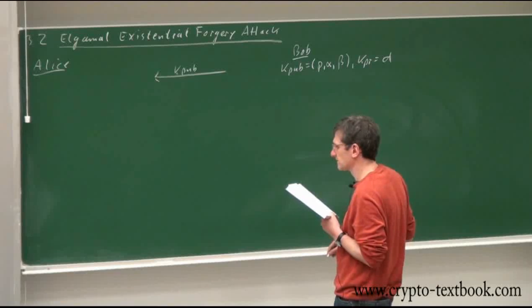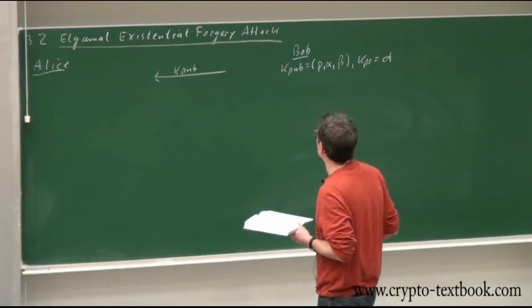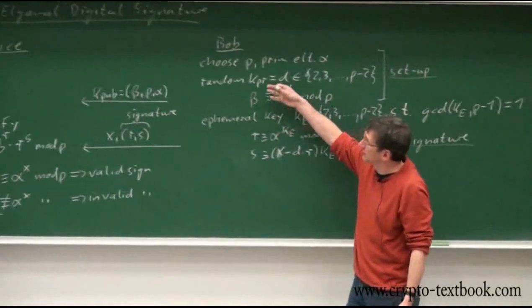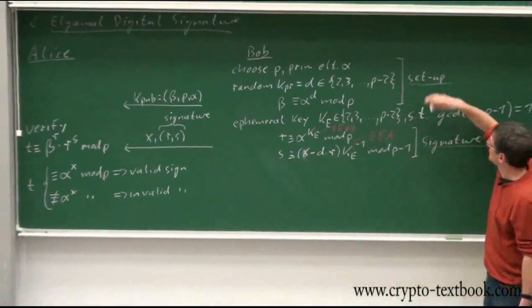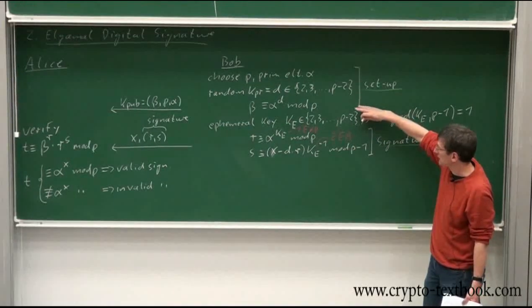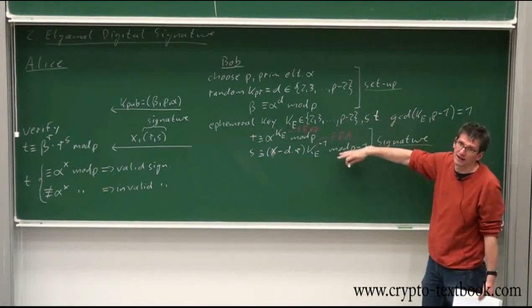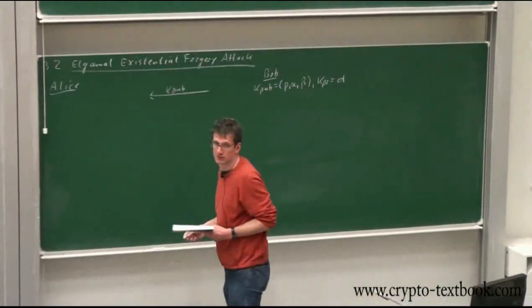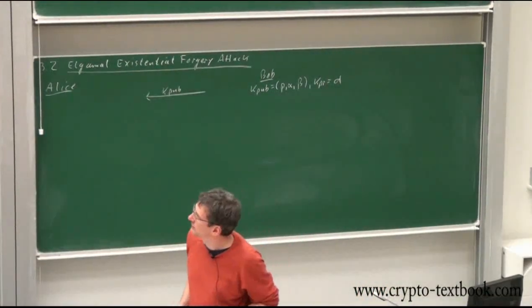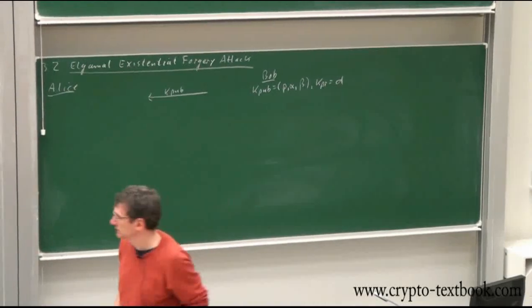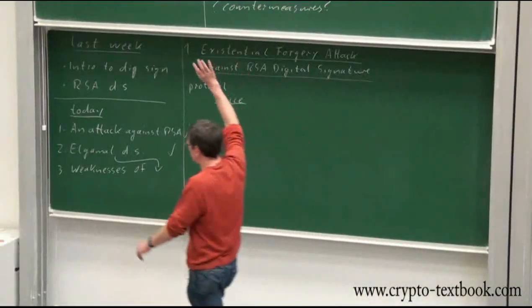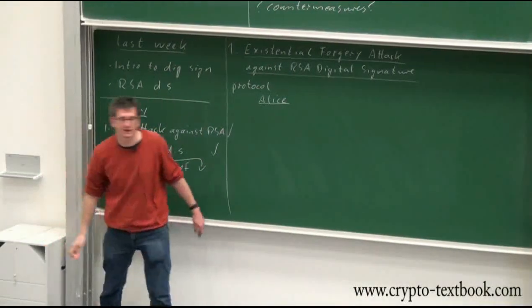And now what he then normally does, he does all this stuff here. So this was the setup phase. And then what he also does is signing here. Now we're going to show, which color did we use? We used orange. Let's stick with orange, to keep a consistent color for this type of attack.